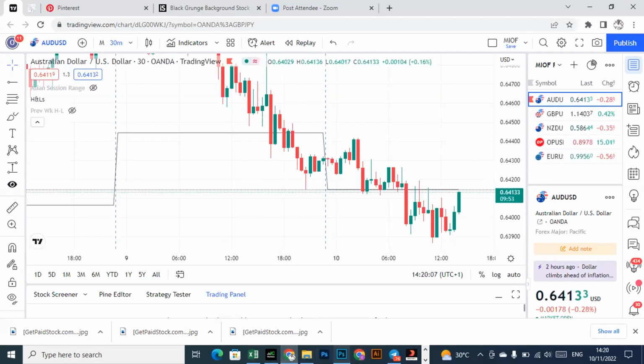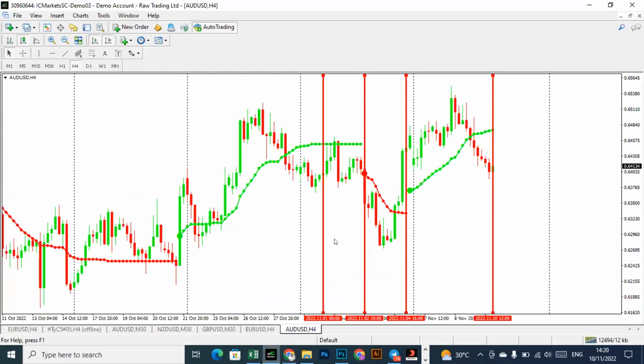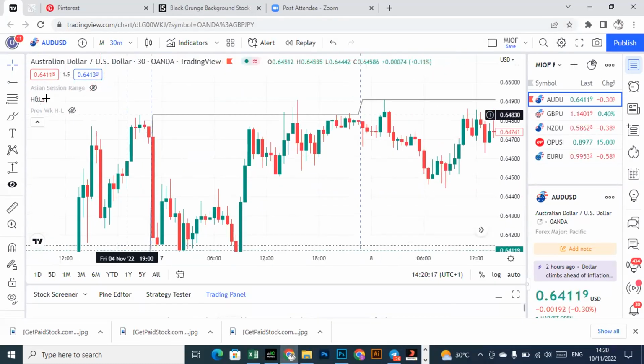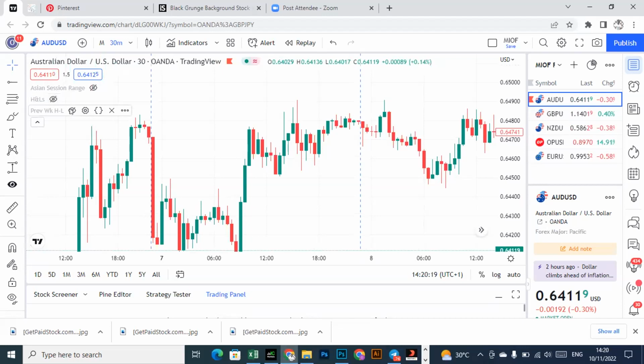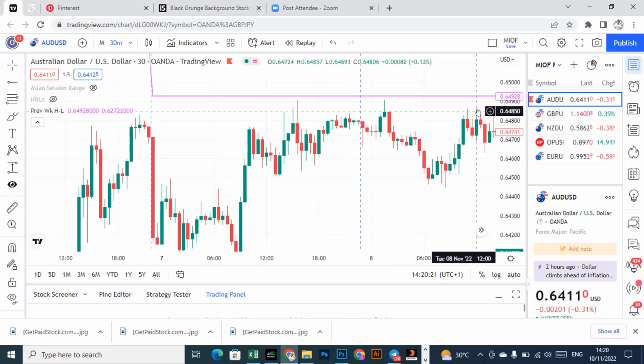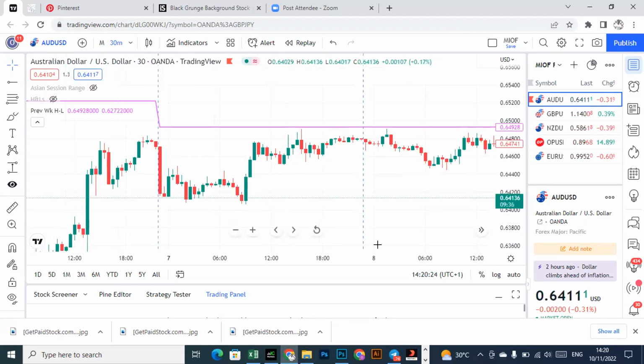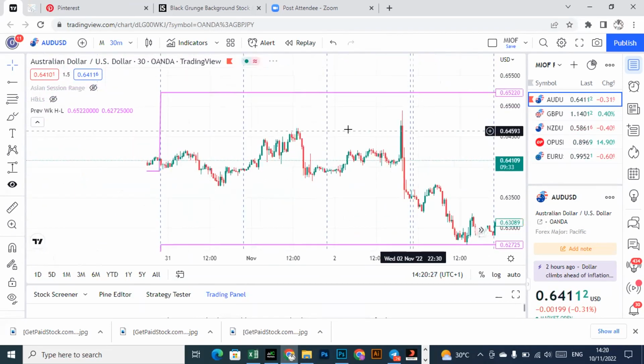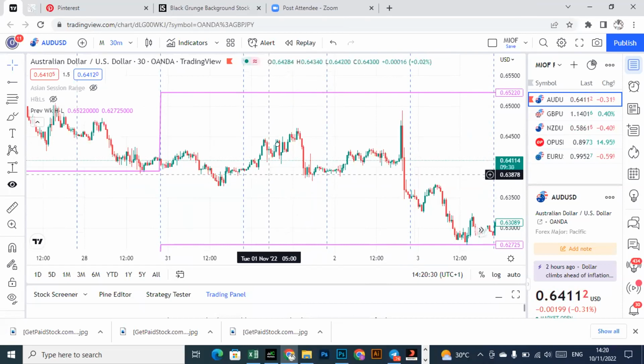So from 1st till 2nd, we are bullish. Let's have another indicator to do that. So this is previous week, I remember. This is Tuesday, all right?